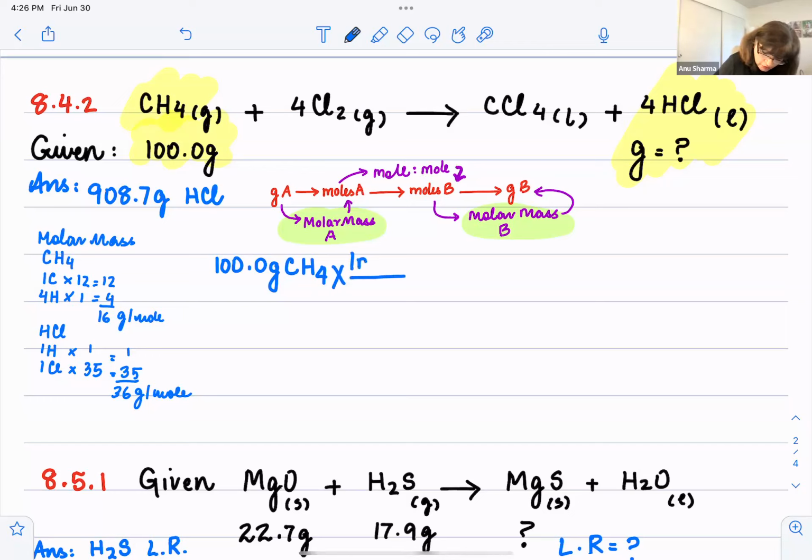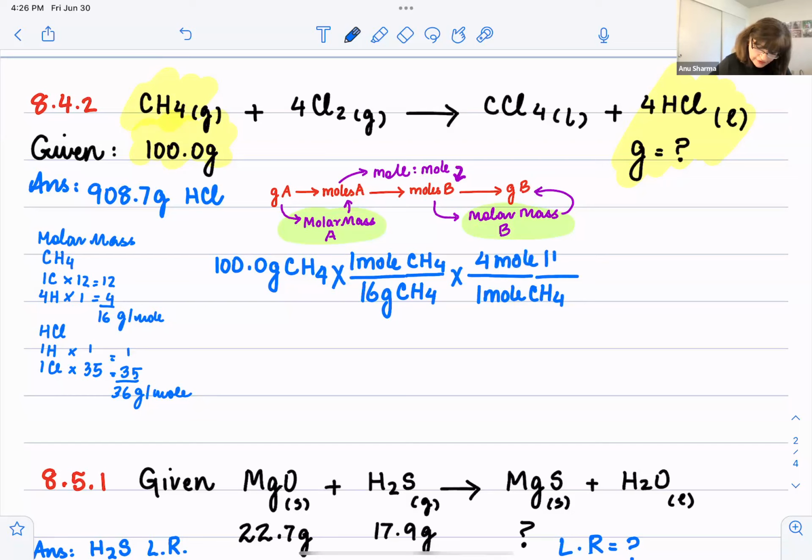So 1 mole of CH4, you can break it up also, that's fine, over 16 grams of CH4. Okay, and then mole to mole ratio. It's very important that the reaction is balanced. So we see 1 mole of CH4 is giving you 4 moles of HCl.